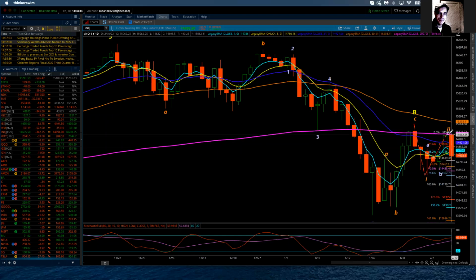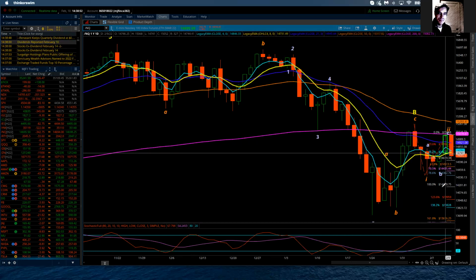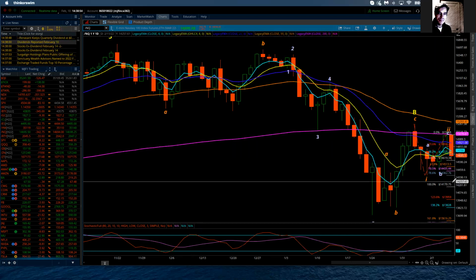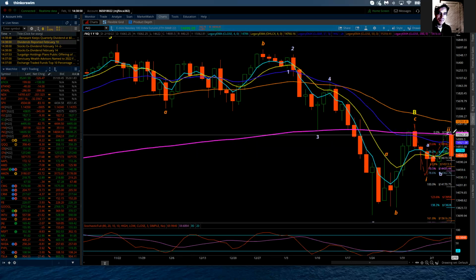It's got to get down below here. And then basically, once the 50 drops below the 200, we will be in alignment on a daily chart for negative action, for a market to move lower. So that's what I'm going to be looking at. When this drops below that 200, I would expect additional fuel to the fire to the downside.